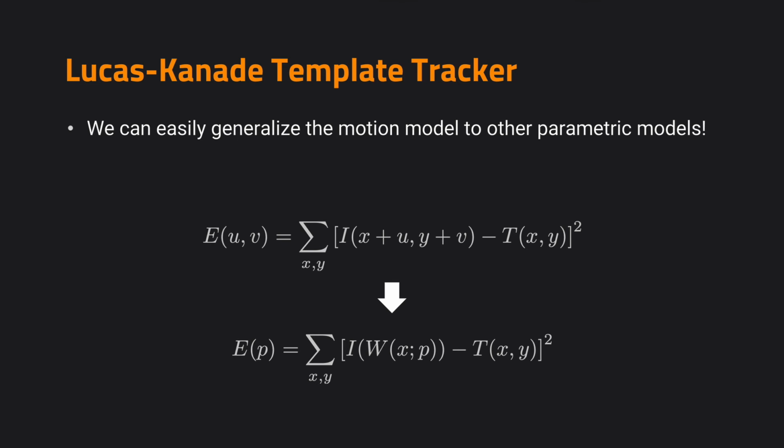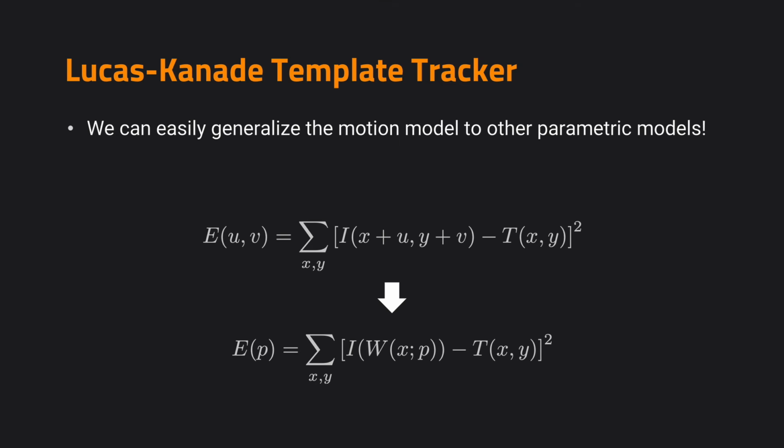We can extend our pixel tracker into a template tracker, and this is called the Lucas-Kanade template tracker. We can easily generalize the motion model to a parameter space. Remember that when we want to track the pixels, we are looking for a displacement in x and y, so that after compensating by the displacement, the source image and target image will look the same in the sense of this L2 distance.